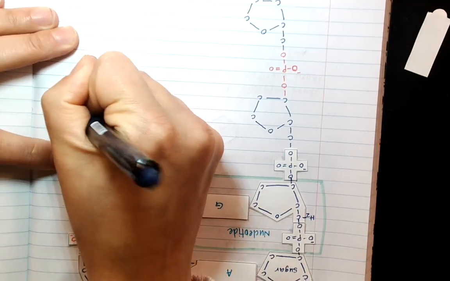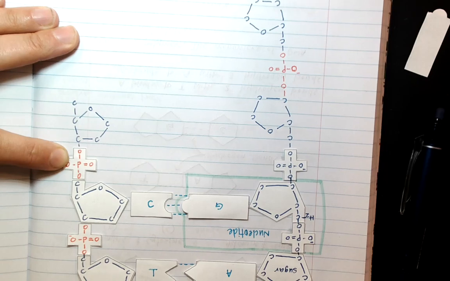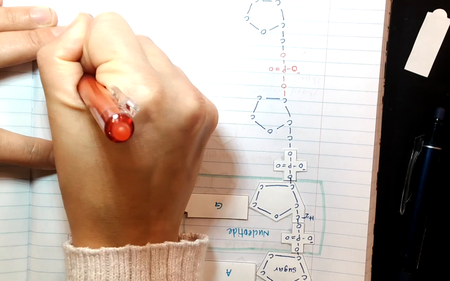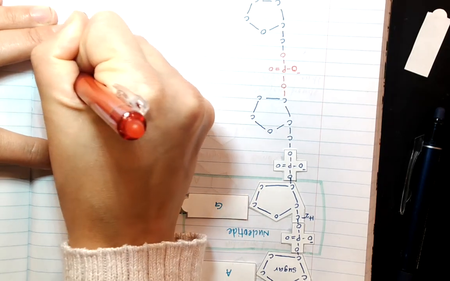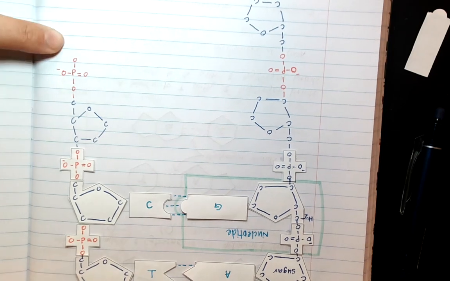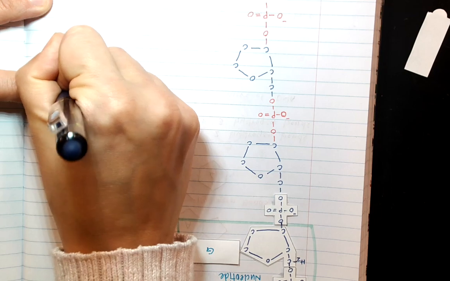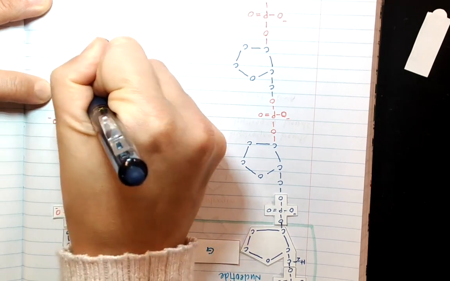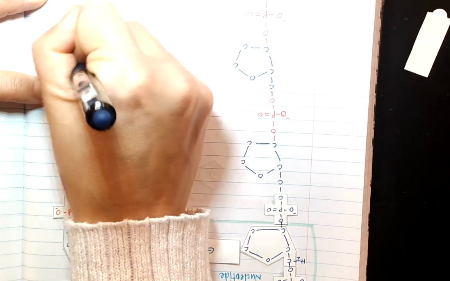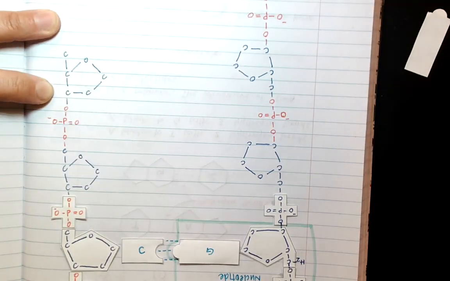And then that there's a carbon here, which is going to connect to my next phosphate. And then I'm going to make another one. So sugar. And phosphate.